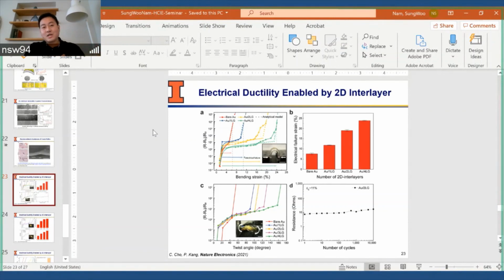So I think there is a challenge in terms of how we are going to package this. It's similar in some sense to what Professor Rogers did. There was this wrinkle structure to start with, with predefined adhesion, and lots of recent work is more on in-plane serpentine, but that allows some out-of-plane deformation. If you completely get rid of that, then the gauge effect from the interconnect itself comes in as a dramatic component.